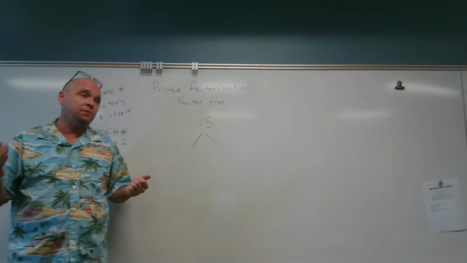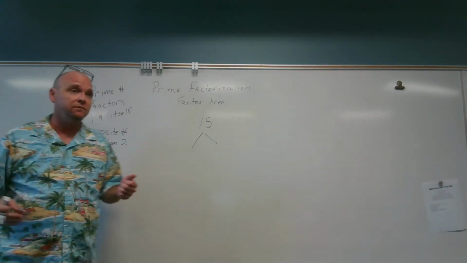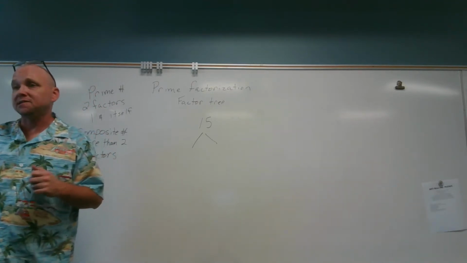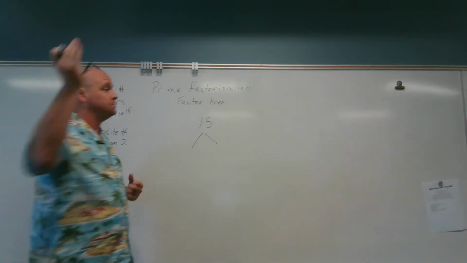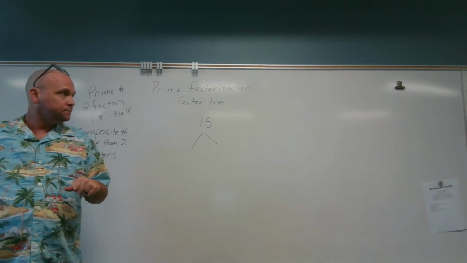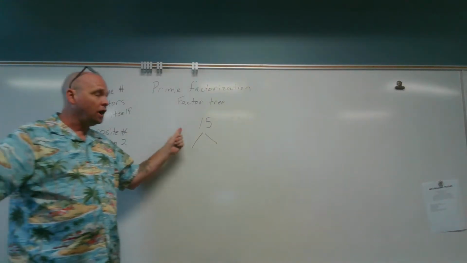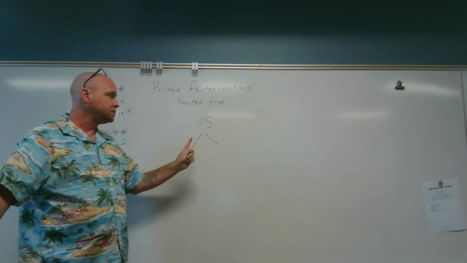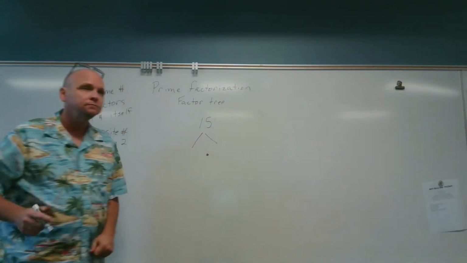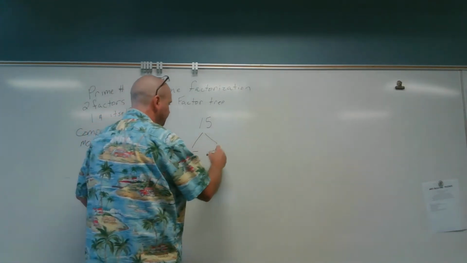25 is a composite number because 5 times 5 is 25. 1,285 is a composite number because 5 times something is going to equal that. Okay? So Dylan, besides 1 and 15, how else can I multiply to get 15? 5 times 3.